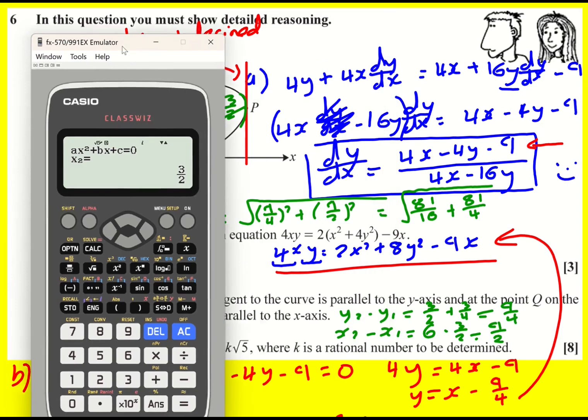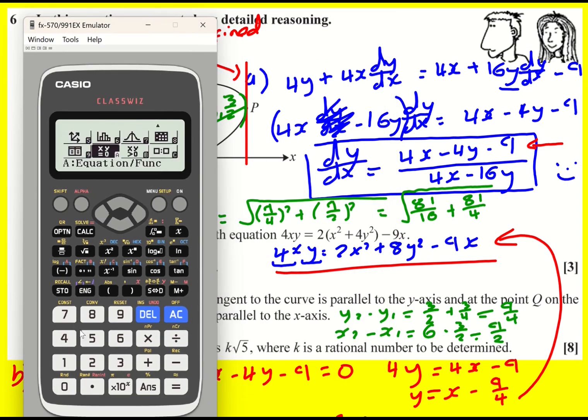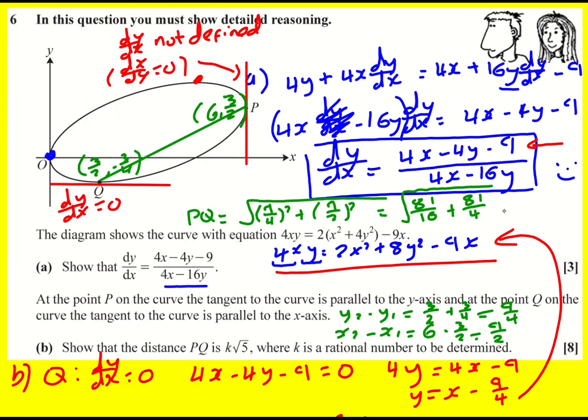Okay, I think at this point I'll use my calculator. You should get 9 root 5 over 4. So I'm going to write it as 9 over 4 root 5 because then it's in the form that was asked for, k root 5.